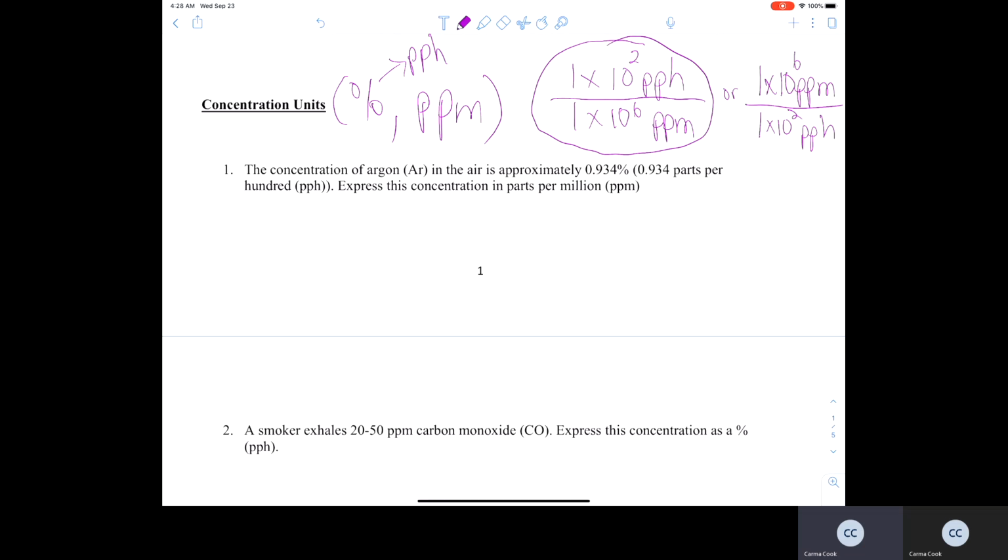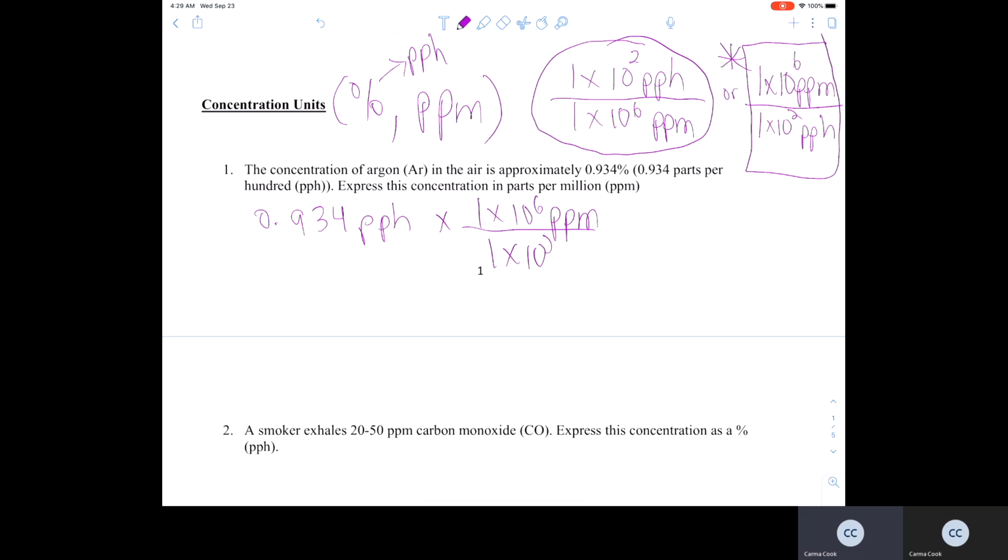However, in question 1, we're converting a percent or parts per 100 to parts per million, so we would use this form of the conversion factor for question 1. So 0.934 parts per 100, we multiply that by this conversion factor. The parts per 100 cancel. We've got it set up correctly. Now we just need to do the math.